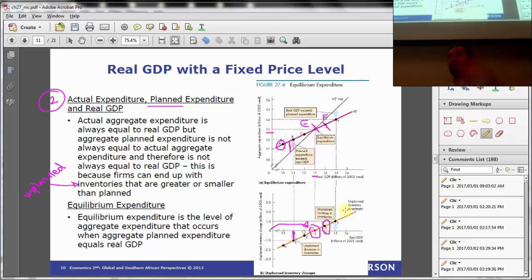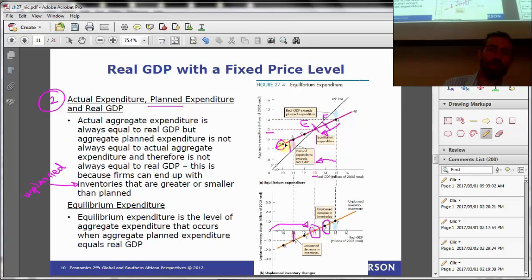So they cut back on production. As they cut back on production, output falls, so we move to the left. As output falls, aggregate expenditure falls, and we move to the left along our aggregate expenditure curve. And we continue in that same pattern until we reach this equilibrium intersection point, at which point there is no unplanned change in inventories. Everything that we are producing and planning to sell, we are able to sell.